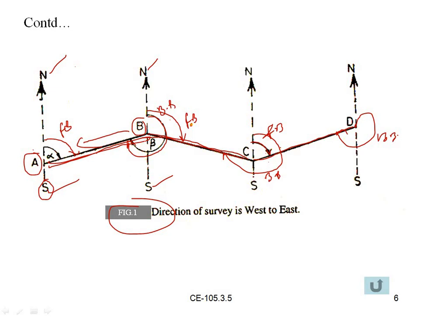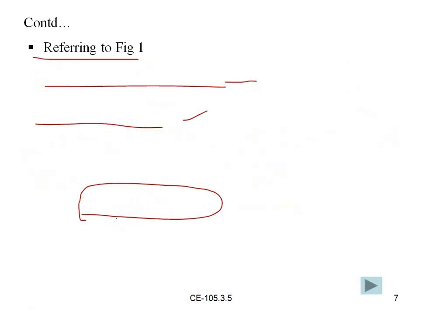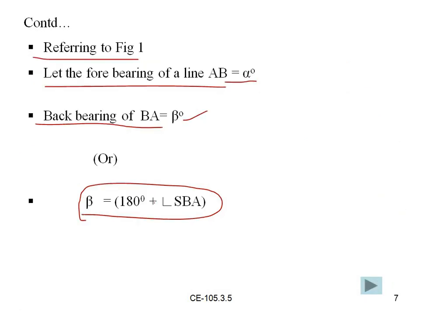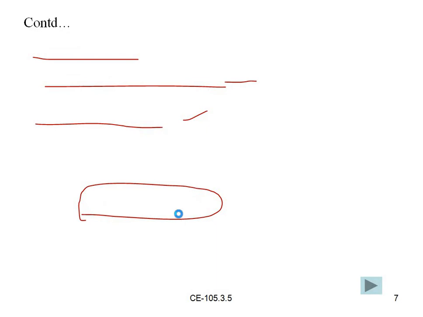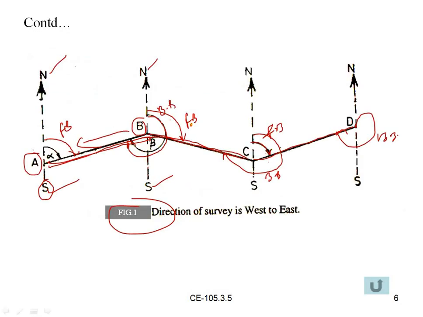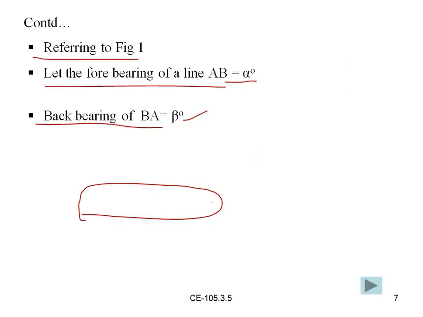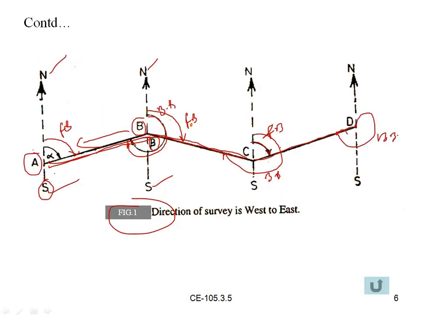So in this case, beta is 180 degrees plus angle SBA, which is equal to angle BAN. That is called angle BAN.